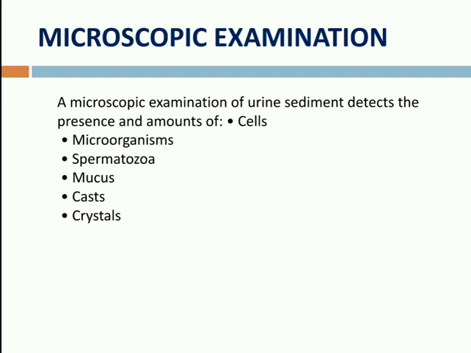Now we have microscopic examination at last. A microscopic examination of urine sediments detects the presence of a certain amount of cells, microorganisms, spermatozoa in the case of males, mucus, different casts and crystals.